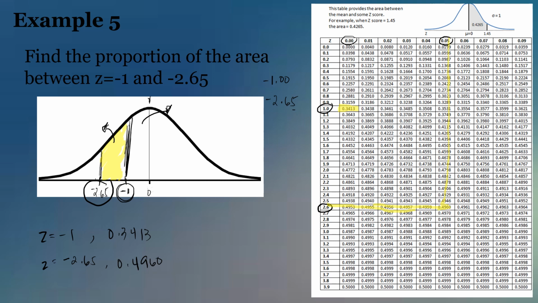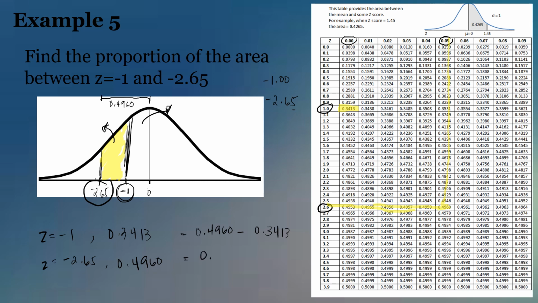Okay, so meron na tayong area kay -1 tsaka kay -2.65. Okay, so yung area from 0 to -2.65 ay equal kay 0.4960. Pero hindi kasama yung area from 0 to -1. Okay, so ibabawas natin yung area ni -1 doon sa area ni -2.65. Okay, so from 0.4960 minus 0.3413. So, subtract lang natin yan.